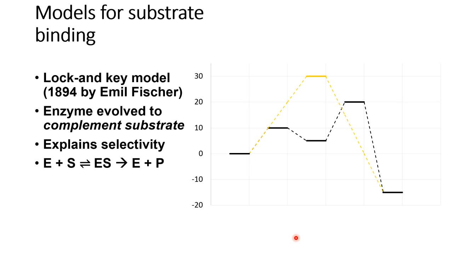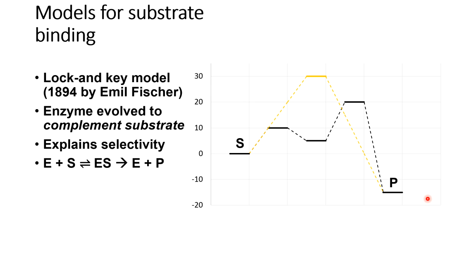However, it has some problems when we think about the energetics of the enzyme. These are just reaction coordinate diagrams. The hills are transition states, and we can see these wells at the bottom of the diagram. So let's label these.